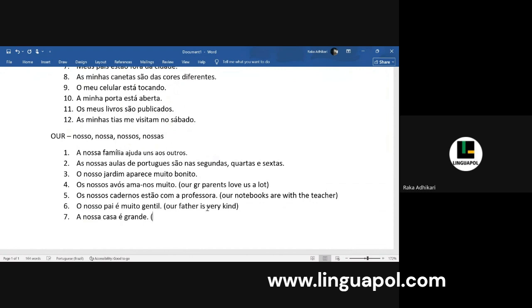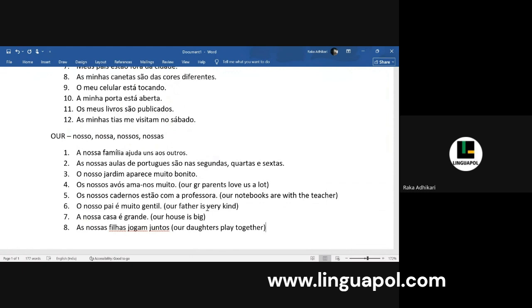A nossa casa é grande. Our house is big. As nossas filhas jogam juntos.